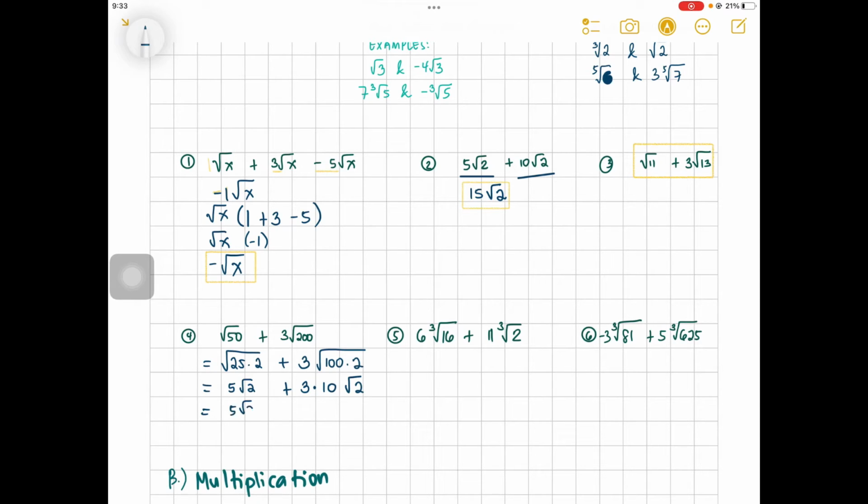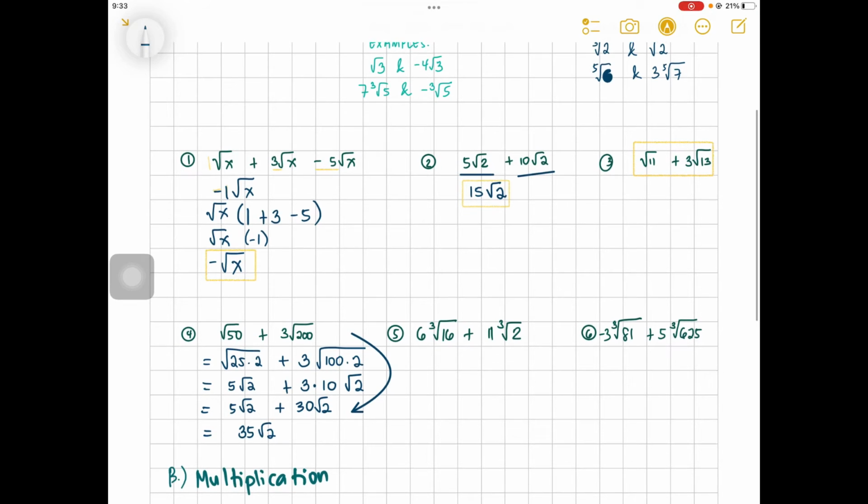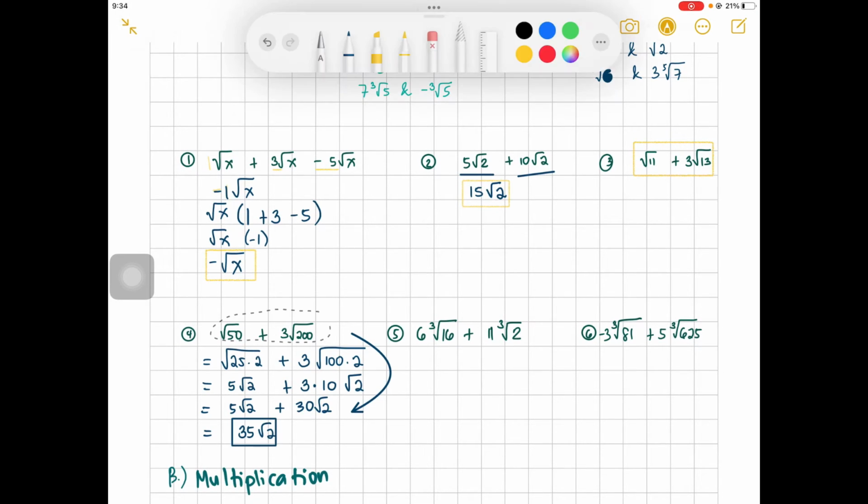So 5 square root of 2 plus 3 times 10, 30 square root of 2. So you see, we have like radicals. We can now add them. So the result will be 35 square root of 2.